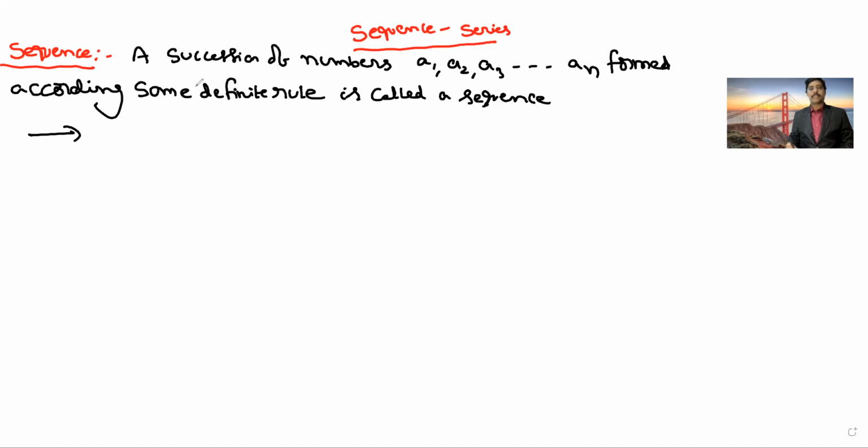What is a sequence? A succession of numbers A1, A2, A3 and so on An formed according to some definite rule is called sequence.